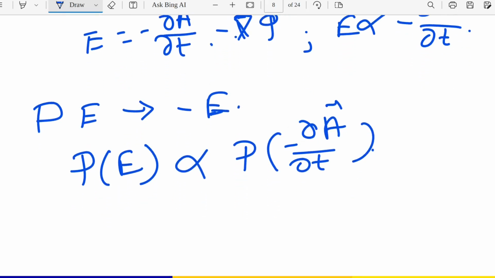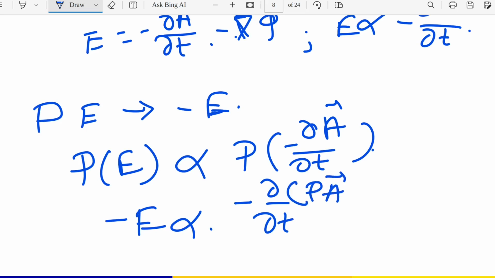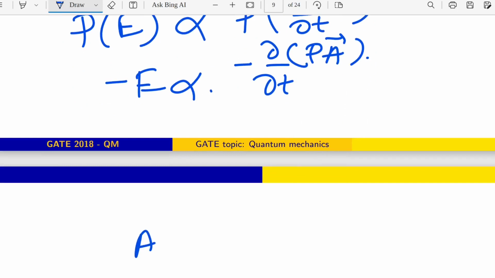Here E is going to minus E. And what about A? I don't know about A, right? So del t of P of A. Obviously t will not change under parity. So to have this expression correct, what do we have to do? We have to say that under P, A will have to become minus A. Why?